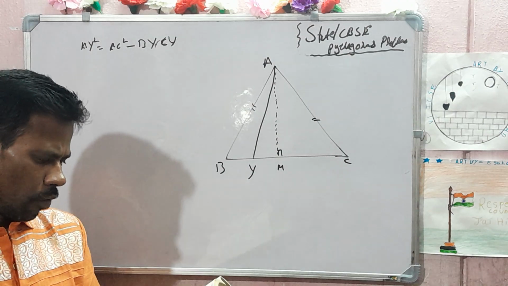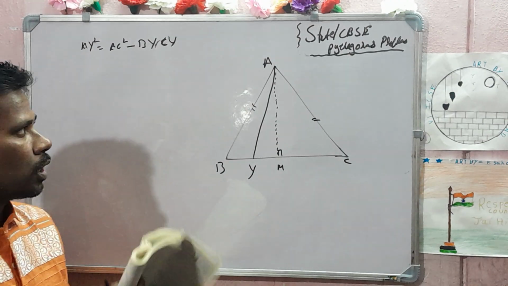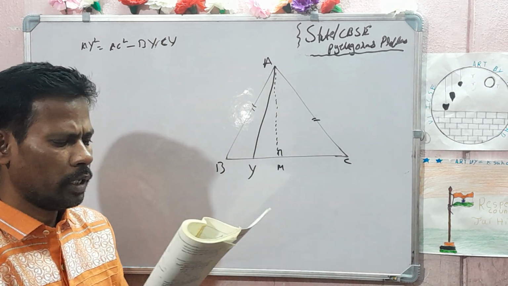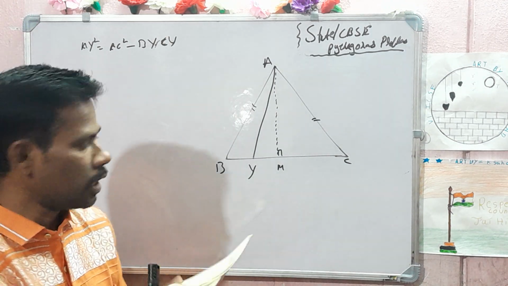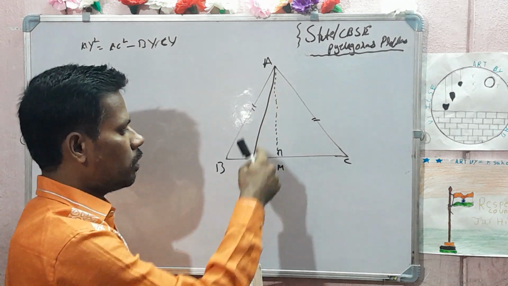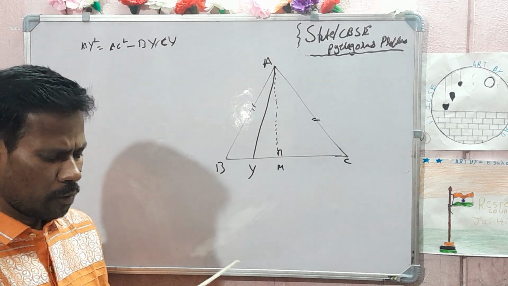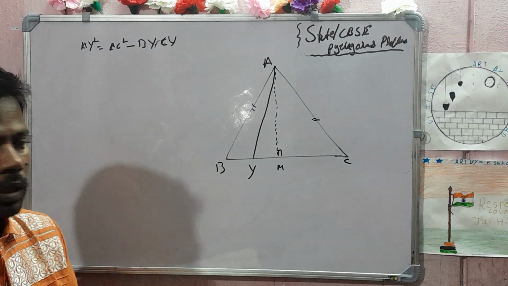What is given? Triangle ABC is an isosceles triangle whose base BC is internally divided at the point Y. Prove that, they are asking this one.